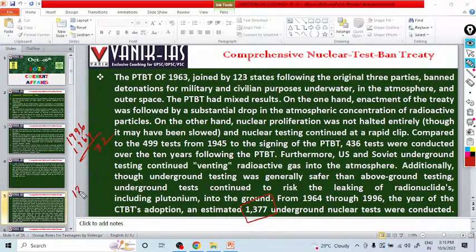So 1,377 underground tests were conducted. Fine. That means although atmospheric testing, underwater testing and outer space testing were banned, it has not completely banned nuclear testing. Rather, nuclear testing found the new medium of underground testing.